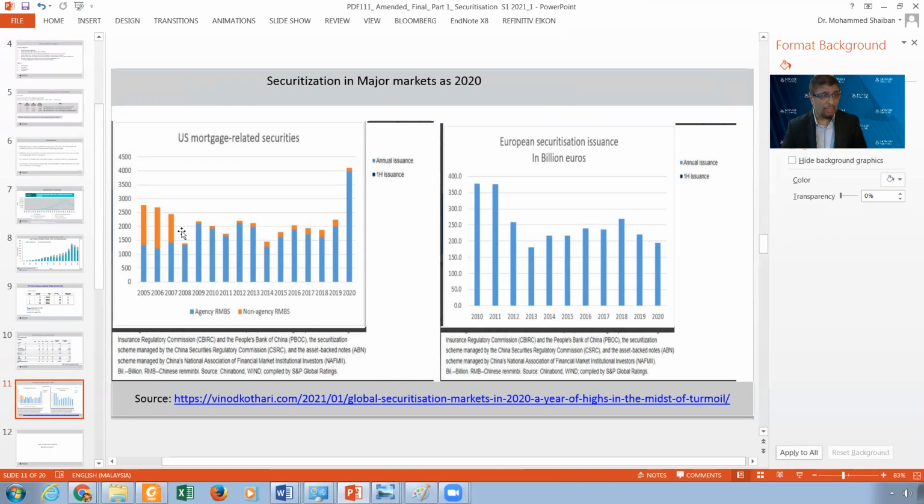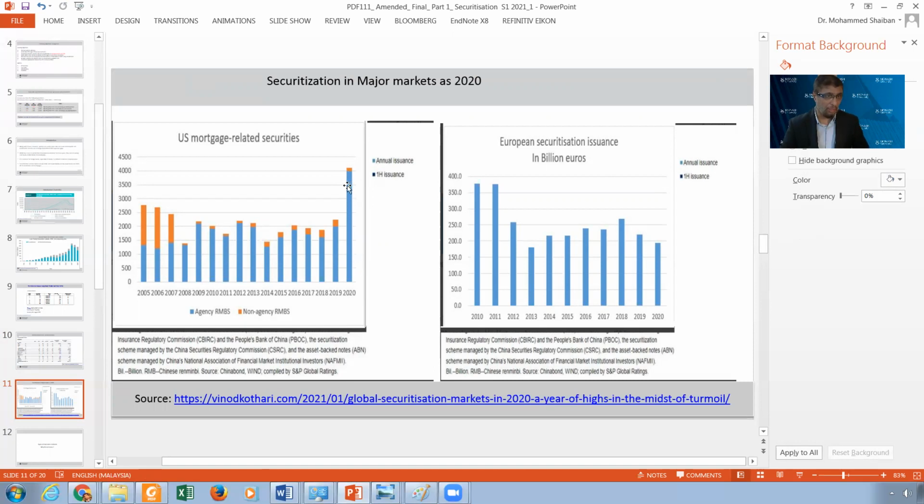After 2008, it was dropping, but now they are picking up, especially in 2020. This is some arrangement between the Americans and the Chinese to issue more securities, and the Chinese will buy those securities backed by housing loans in the US.